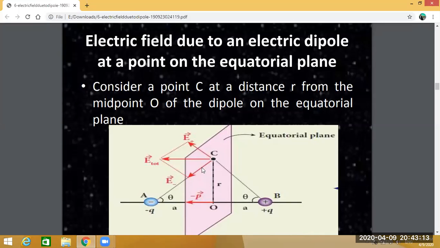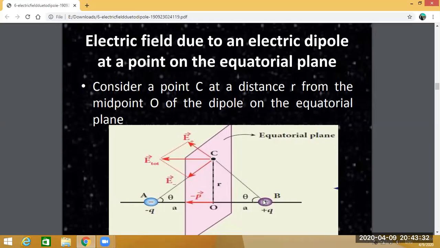A line perpendicular to the dipole length or electric dipole axis and passing through the midpoint of the electric dipole is called the equatorial line.